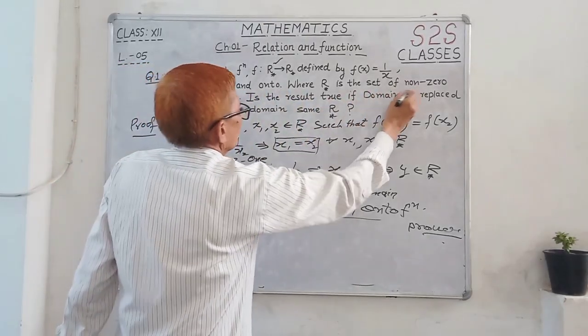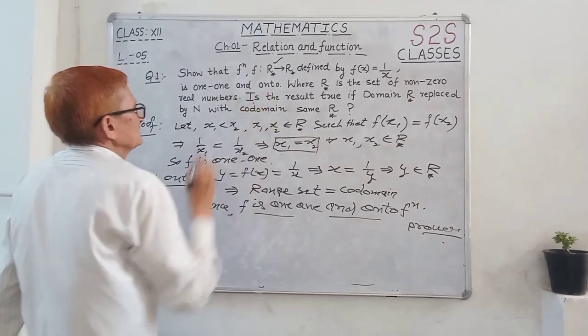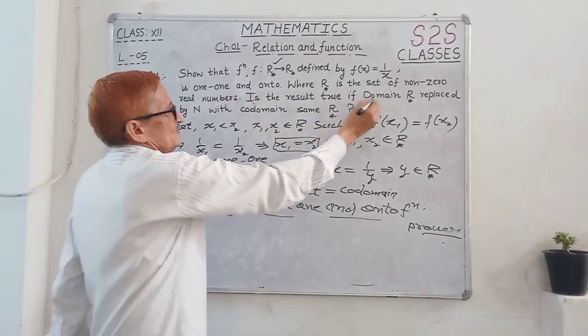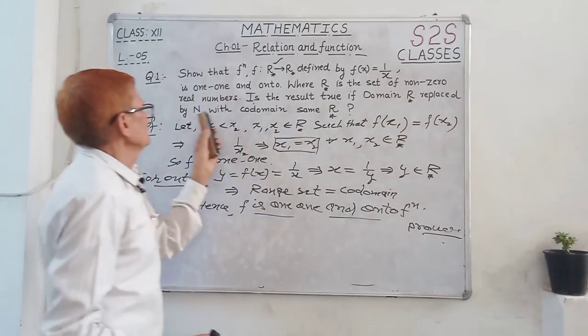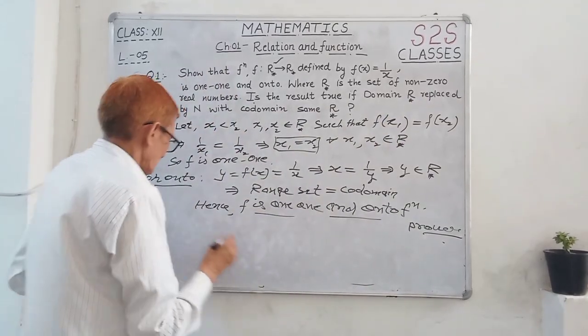Now after that, additional: is the result true if domain R star is replaced by natural numbers?